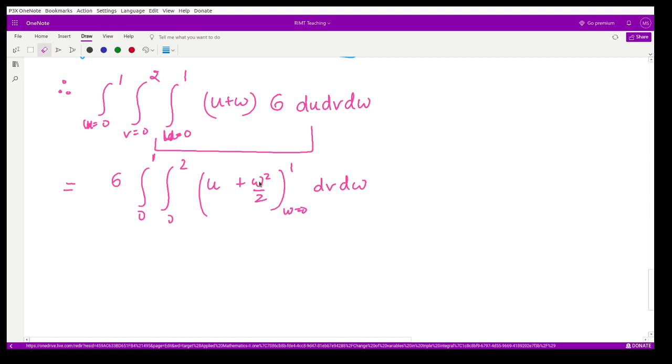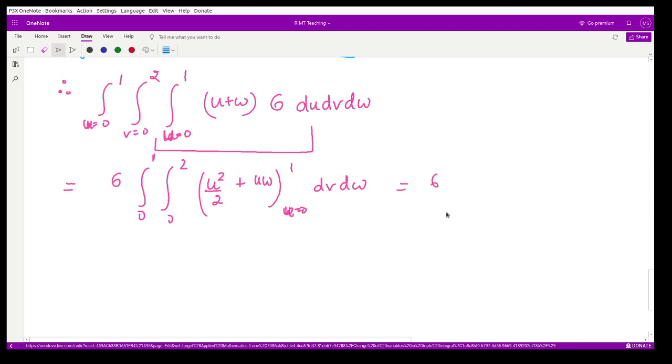With respect to u, the integration becomes u square by 2 plus uv, with the limits of u varying from 0 to 1.